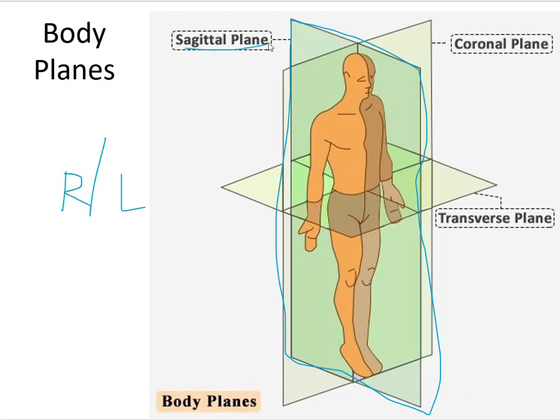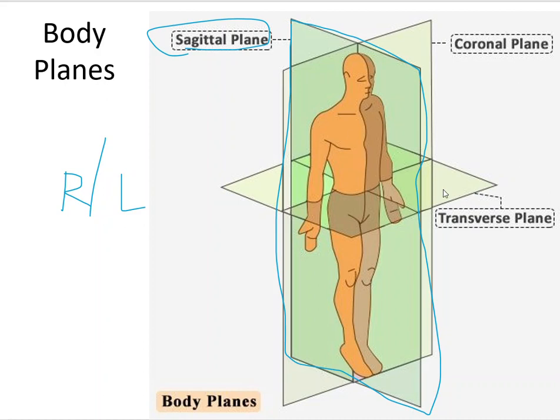That is the sagittal plane. Now, the one that divides it equally into a left and a right half is called the mid-sagittal plane. It can also be called a median, but whatever. I always use mid-sagittal.